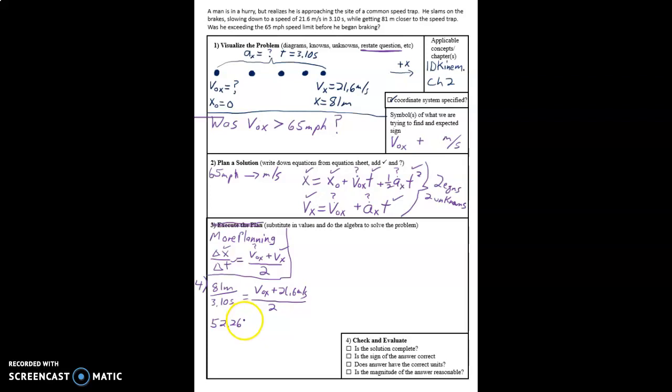And that'll have units of meters per second equals v naught x plus 21.6 meters per second. And we're going to subtract 21.6 from both sides. And we get 30.7.